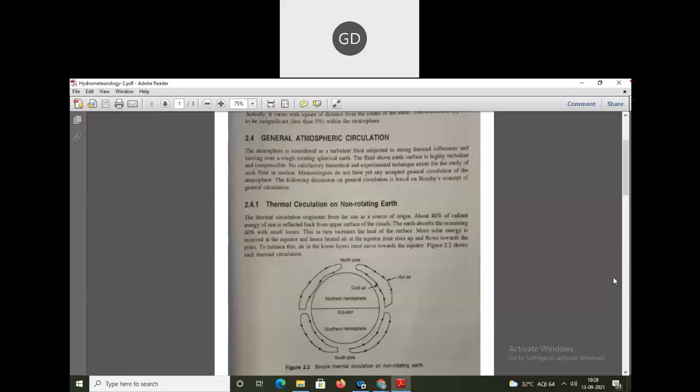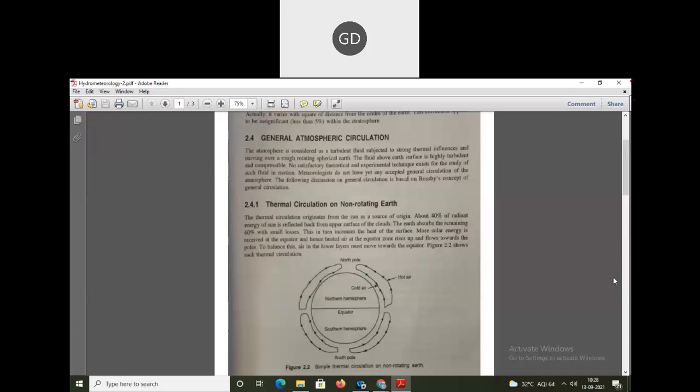And this fluid is compressible in nature, and also highly turbulent. Till now there is no specific technique, or experimental technique, that has been found for the study of this fluid that is circulating or rotating over the whole earth.